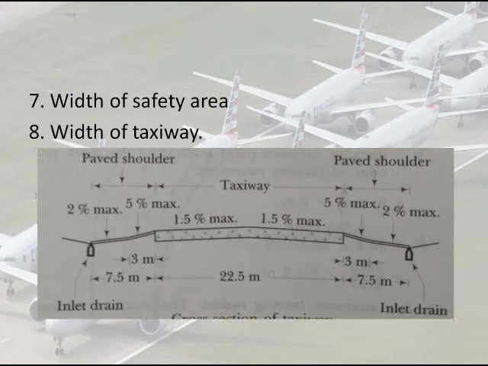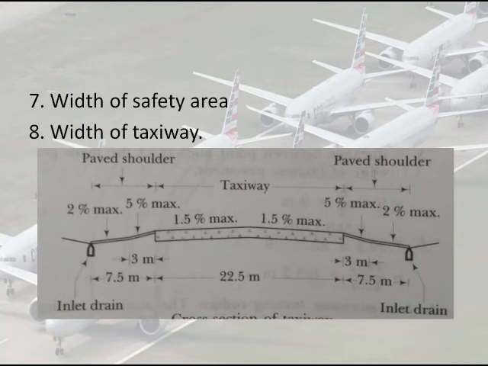The first one, the shoulders must be thick enough to support the airport patrol vehicles and the sweeping equipment. The shoulders should normally be treated with bitumen. The surface should be made of such materials that disintegration due to the hot blast of the jet engine does not occur. The surface should be smooth and impervious.